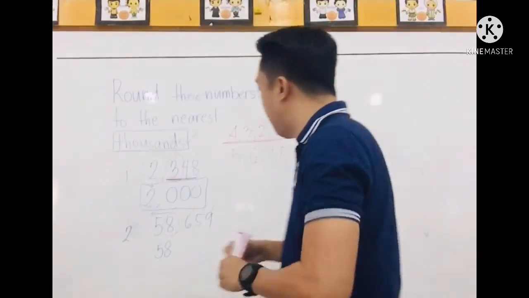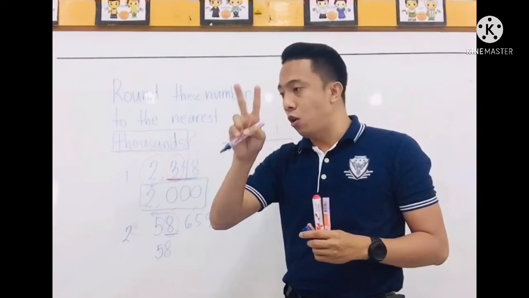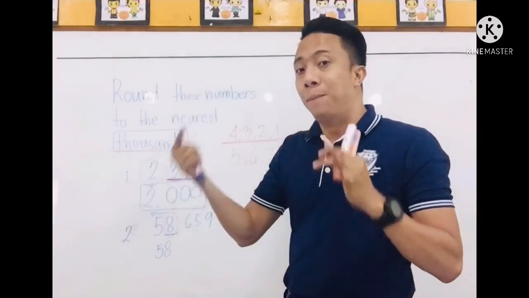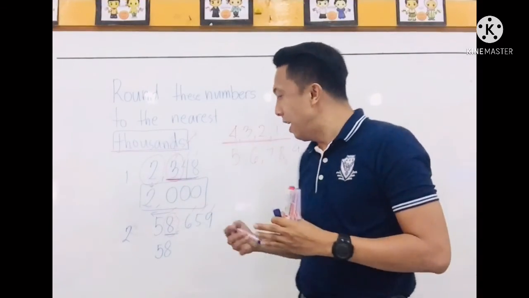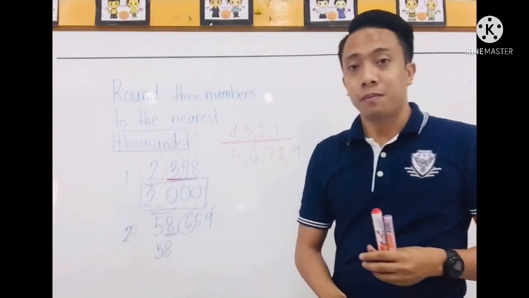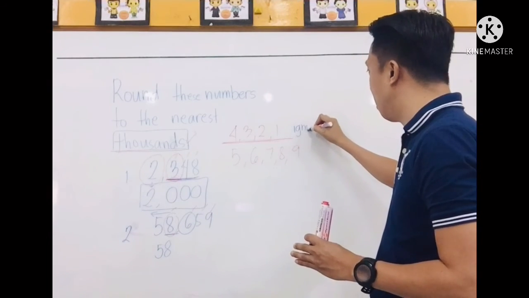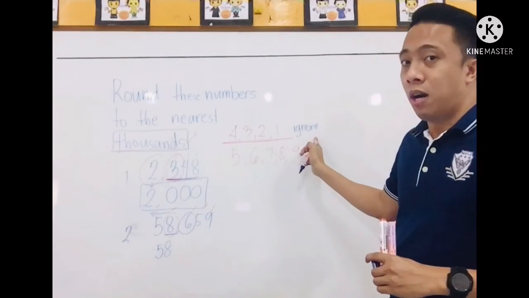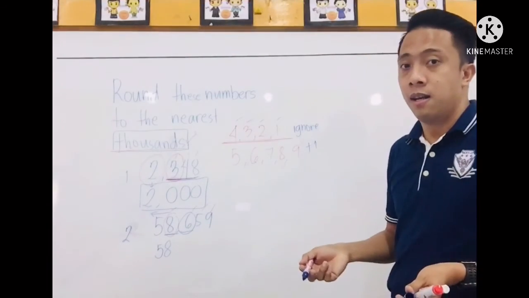Now, since we have the given 8, our next reminder, number 2, is we need to identify the number beside 8, on the right side of 8. The number on its right side is 6. Is it in ignore or plus 1? When we say ignore, the number must be 4, 3, 2, or 1.